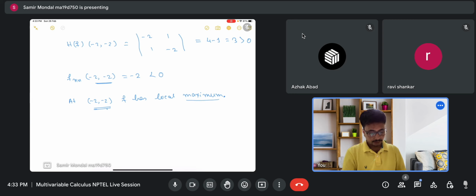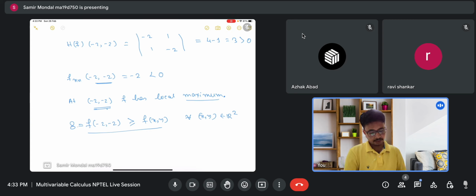So this has to be satisfied always: this is greater than or equal to f of x y for all x y belonging to R2. This has to be satisfied always, and this quantity is 8.